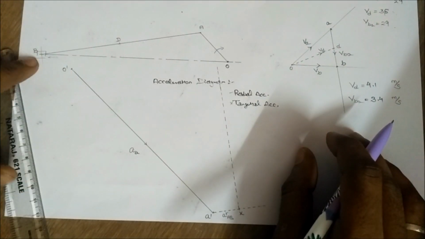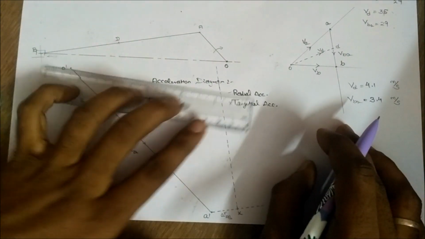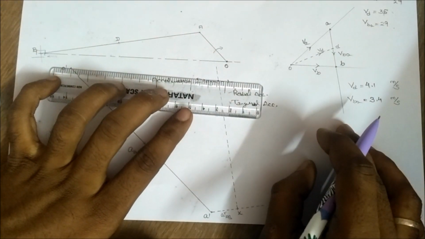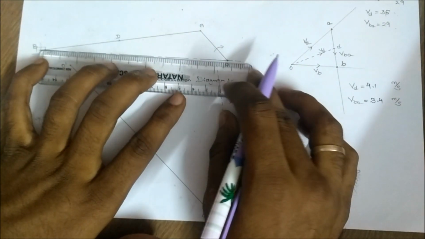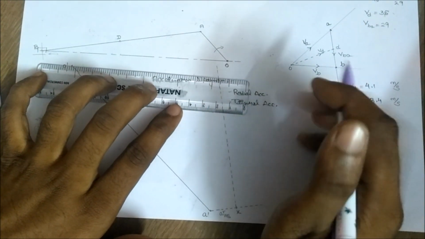Now coming to the slider, it has got only radial acceleration, so we don't have any tangential acceleration here. We will draw a straight line, a parallel line to the slider.